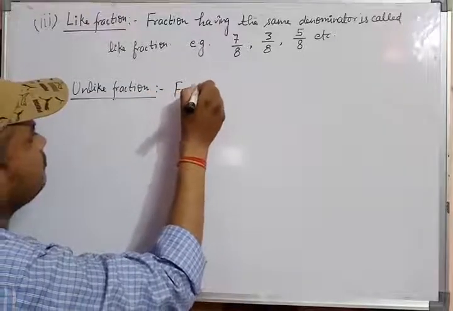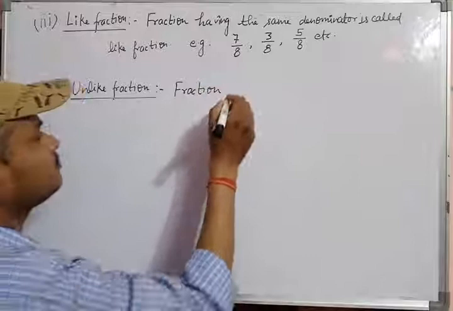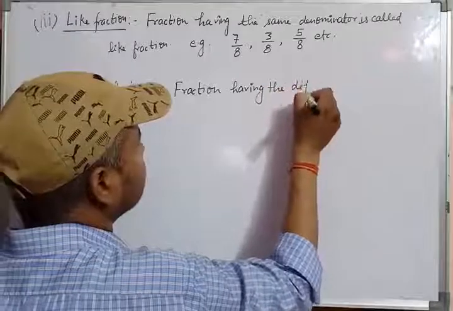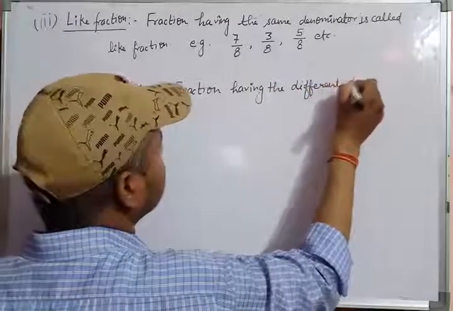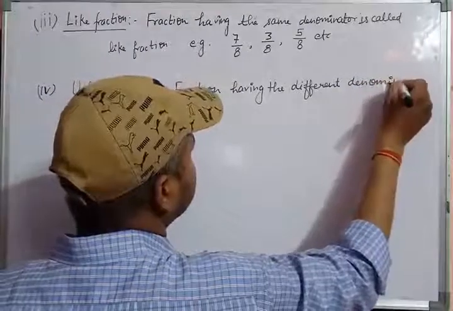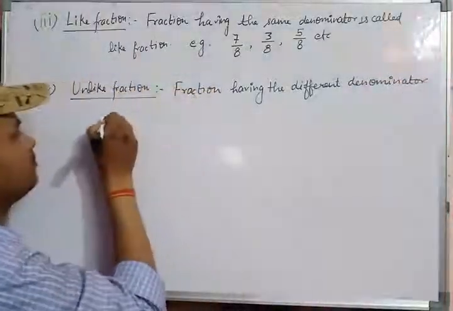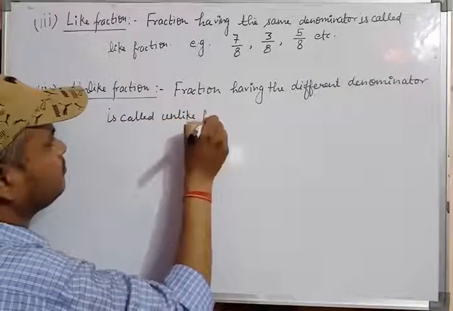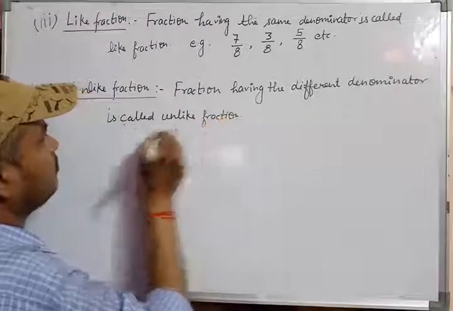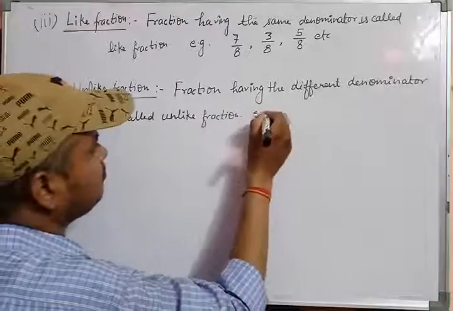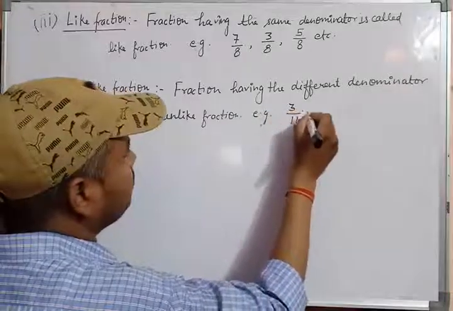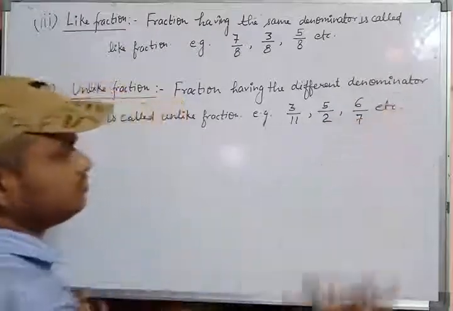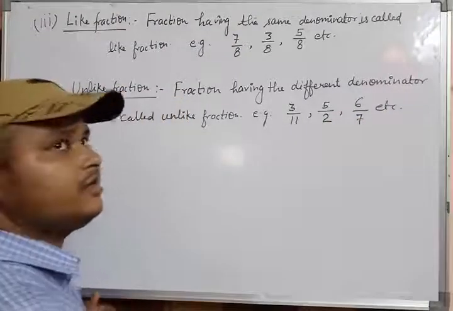Fraction having different denominators is called unlike fraction. For example, 3/11, 5/2, 6/7, etc. So students, these are examples of unlike fraction.